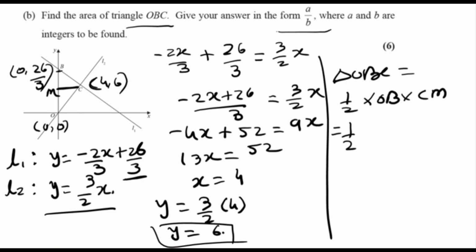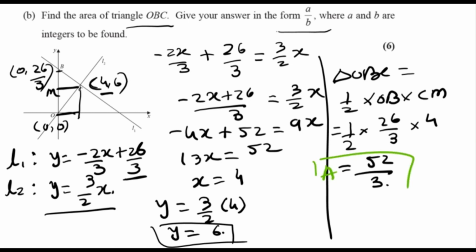Now I know the length of OB is 26/3 because we already found that. Now to find CM, I can see the x coordinate of this C gives me 4. So that means I can use this x coordinate as the height. And when you simplify this, that will give you 52/3. So this is the area of triangle OBC.